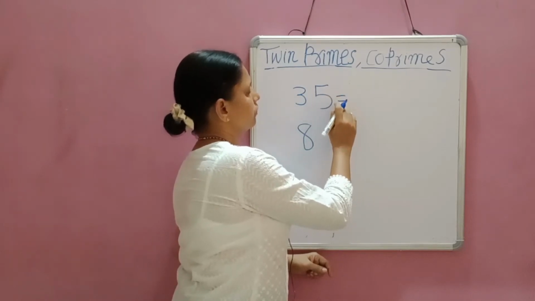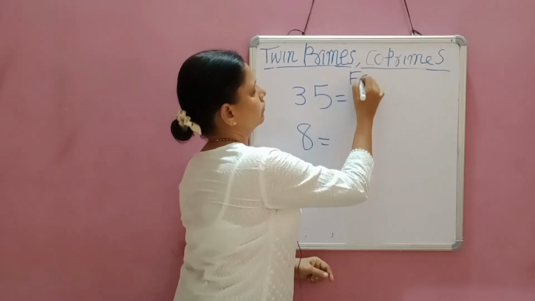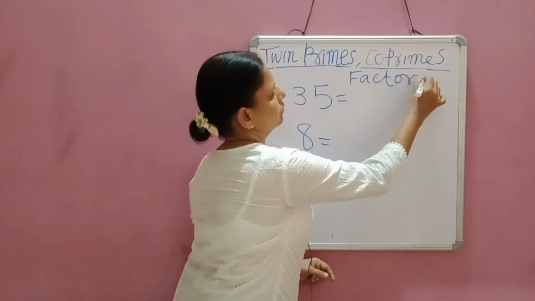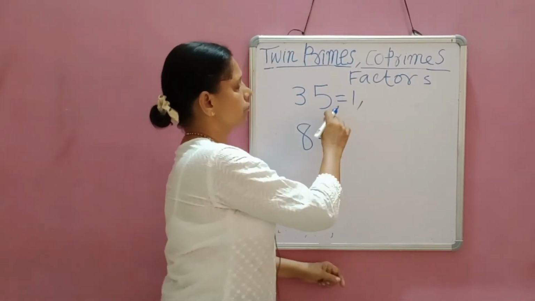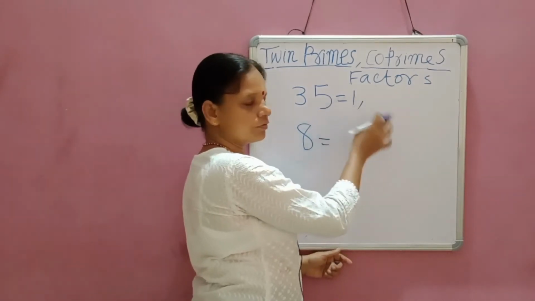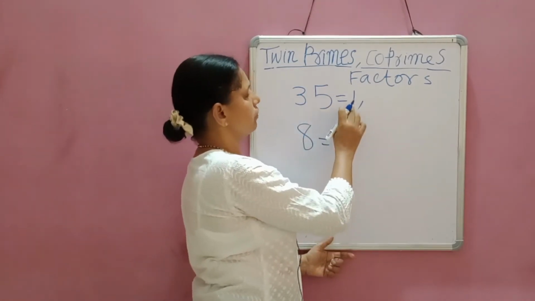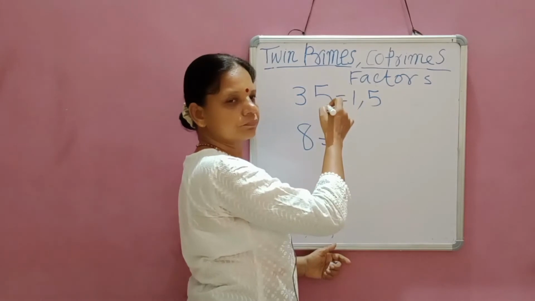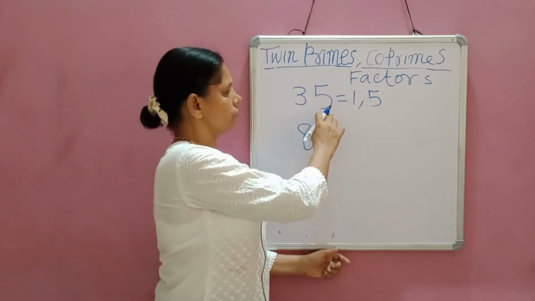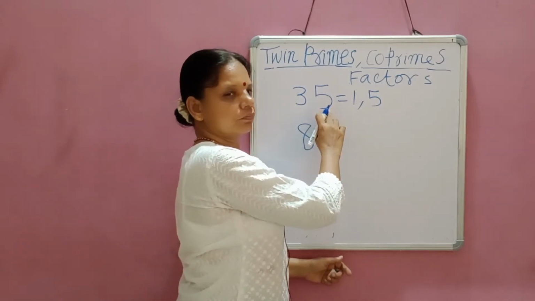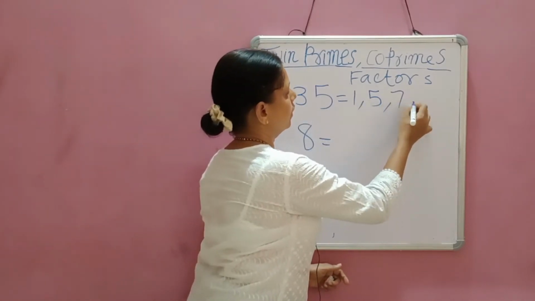We will list out the factors. 1 is a factor. Then 3 is going? 2 is not going. 3 is not. How to test 3? 5 plus 3, 8. 3 is not going. Then 5 is a factor. Then which number will we test for? 7. How to test? Take the double of 5. 2 fives are 10. 10 minus 3, 7. So 7 is going. And 35.